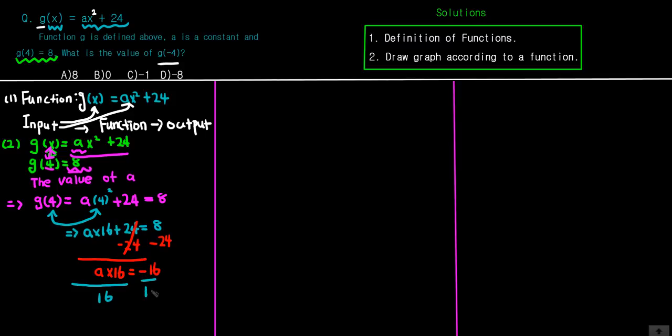Then we get a is equal to negative 16 over 16, and the 16s cancel out, which means the value of a is negative 1. And we can use this answer for a in our whole expression.